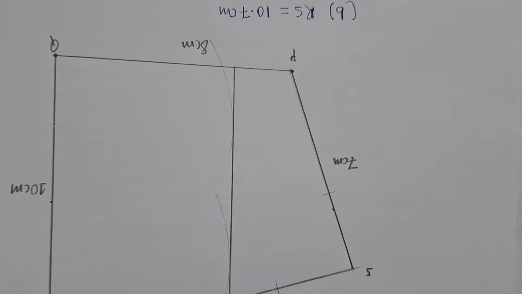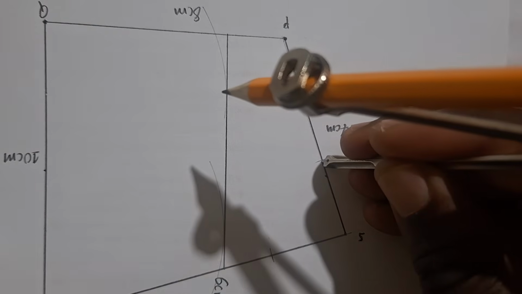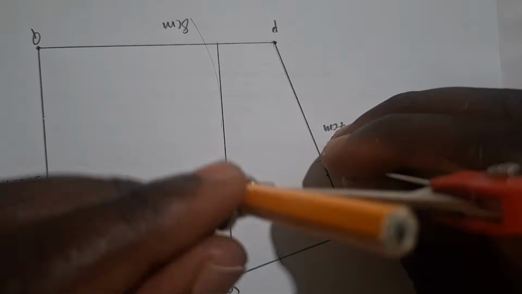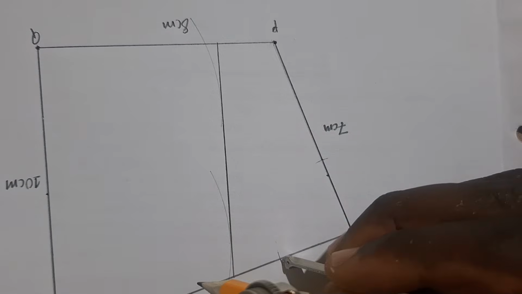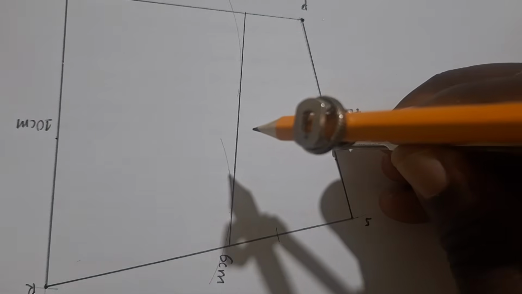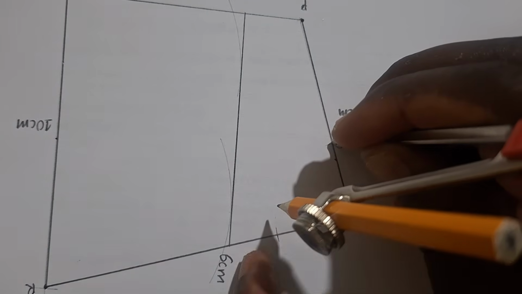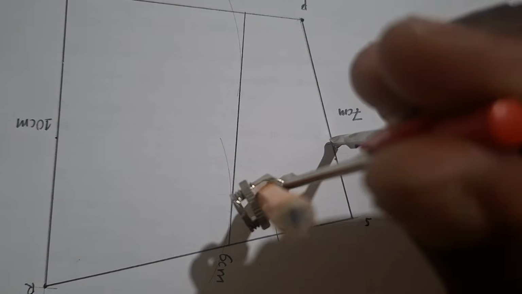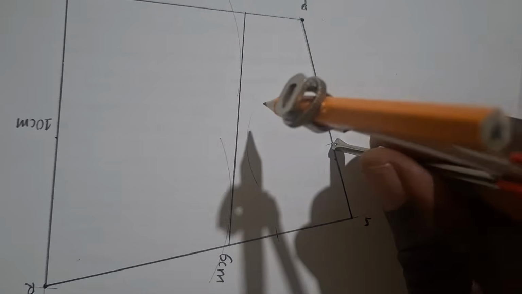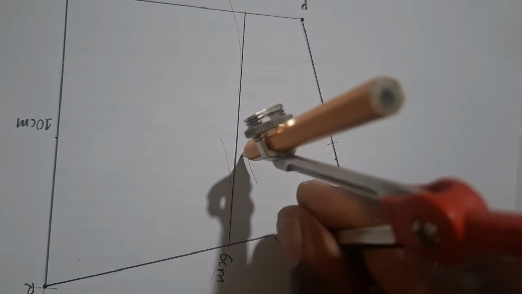Once you make that arc, or those arcs, you take your compass on one of the arcs and then open more than half. You see the distance from here to here. You open this compass more than half. So I've opened more than half this length. Okay? So when you open like that, you now make an arc like that. You take it to the other arc right here. You make an arc.